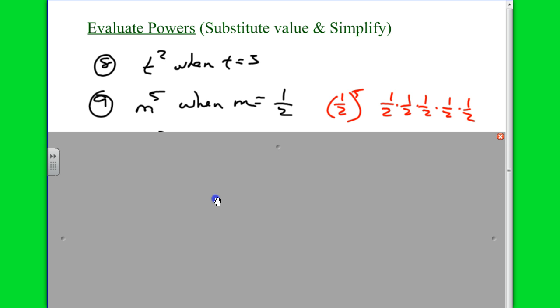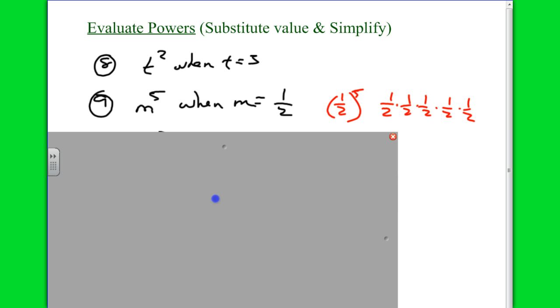Now the numerator is going to be 1 times 1 times 1 times 1 times 1. And now we've got to figure out 2 times 2 times 2 times 2 times 2. And who has that? 2 times 2 is 4. And so we have 2 4s. Do you see that? 4 times 4 is 16 times 2. 32. So when you evaluate 1/2 to the 5th, you have 1/32.